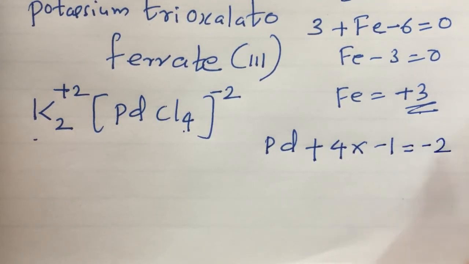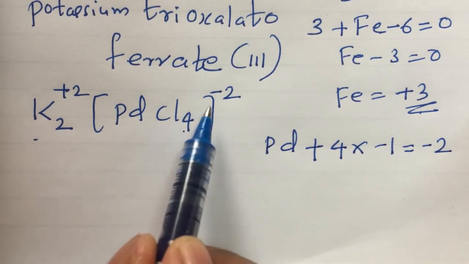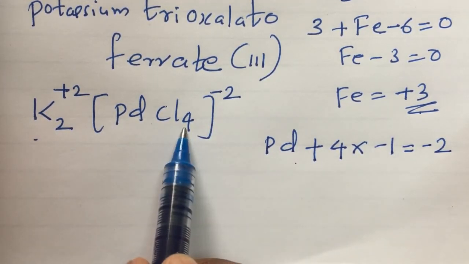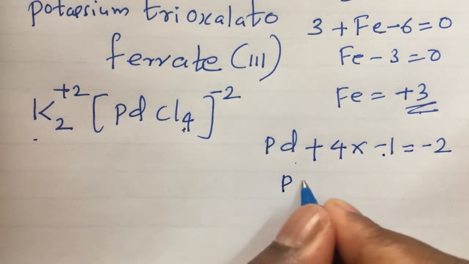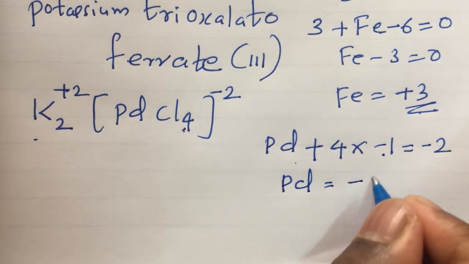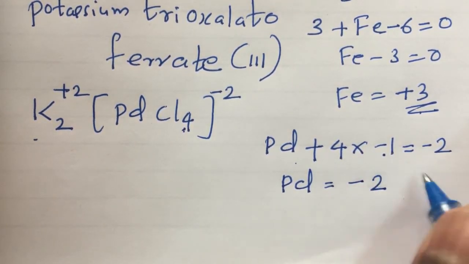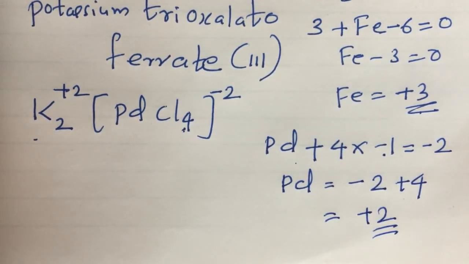You can do it like that also. Without taking K2, directly for PdCl4 minus 2 you can find it. Pd plus 4 into minus 1 equal to minus 2. Then Pd equals minus 2 minus 4, which becomes plus 4, so it is equal to plus 2. Palladium is plus 2.